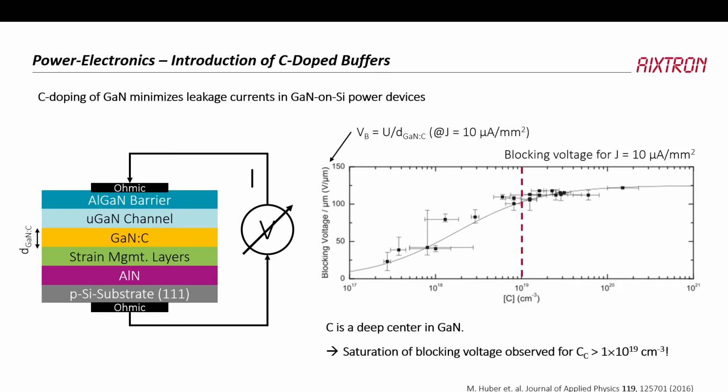And what you see here is that the saturation of the blocking voltage is around 10 to the 19 per cubic centimeter. So up to that point, you can do some carbon doping, but above that does not actually give you any more blocking voltage. So this is why I think it would make sense to actually stay below that.